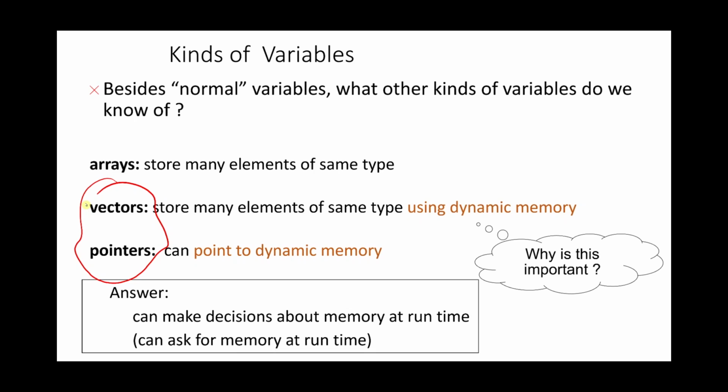I can have a vector of 5 elements, then I decide to grow it to 10. I can do that at runtime whenever space is needed. With pointers, you can ask for memory at runtime that uses the heap and you store it in pointers.